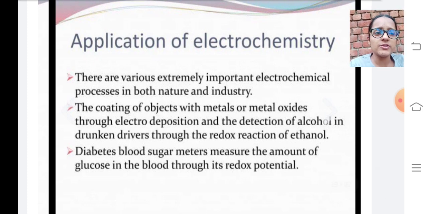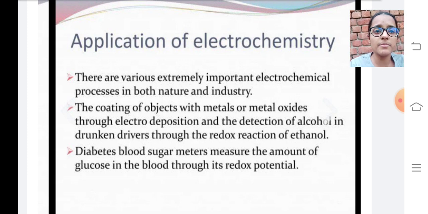What are the applications of electrochemistry? There are various extremely important electrochemical processes in both nature and industry. The coating of objects with metals or metal oxides through electrodeposition, and the detection of alcohol in drunken drivers through the redox reaction of ethanol.